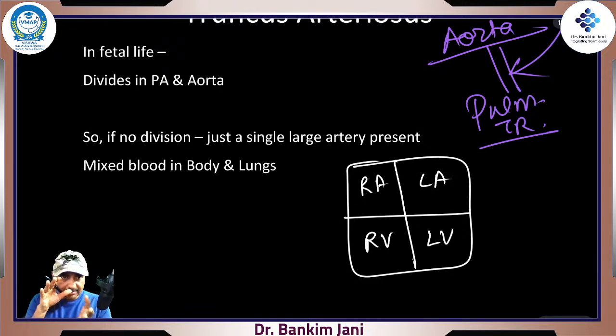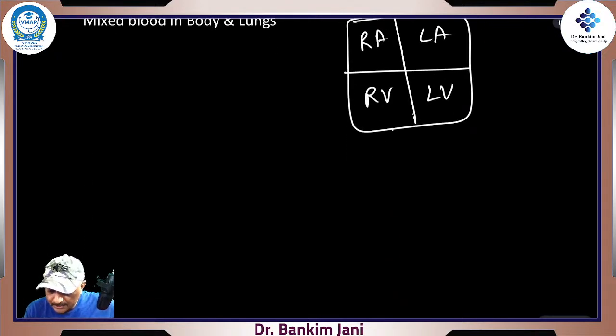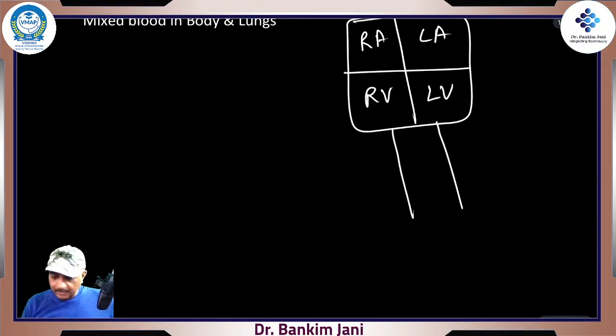It divides into the pulmonary artery, that is the pulmonary trunk, and the aorta. But if this truncus arteriosus is not getting divided, the situation will be like this. This is what really happens. This is the easiest explanation. Otherwise, they divide. So the right ventricle goes into the pulmonary part, the left ventricle goes into the aortic part. So far good, but this is normal. It's not happening like this.